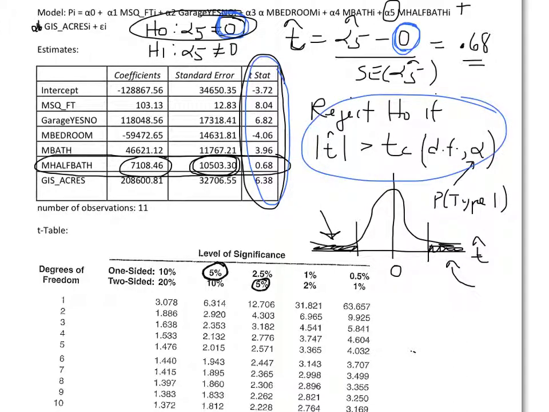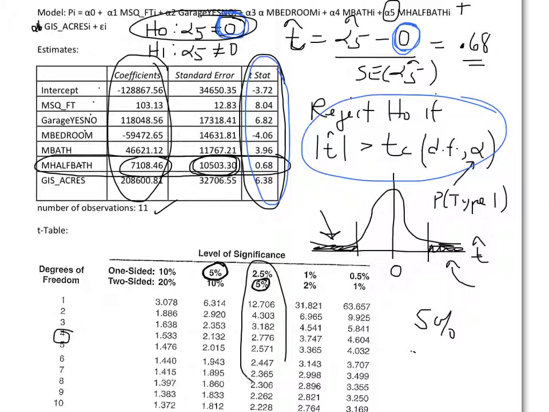Okay? So what we need to do is look up the critical value, t critical, in the table. We still have 11 observations. 1, 2, 3, 4, 5, 6, 7 coefficients. So 11 minus 7 is 4. We have 4 degrees of freedom. This time we're going to follow a two-sided test. And let's go ahead and pick the 5% level. The researcher, we, get to choose that. So we're going to pick the 5% level for a two-sided test.